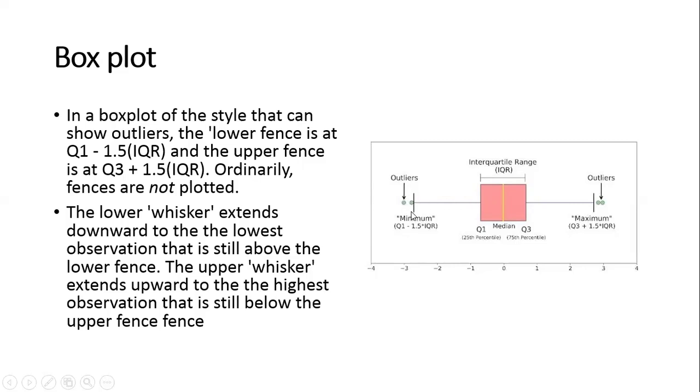Then, of course, the lower fence is Q1 minus, because this one is on the minus side now, 1.5 times IQR.